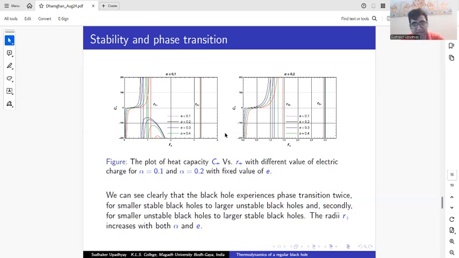So the radii increase with alpha and e. Here you can see that if you increase the parameter alpha, the horizon radius increases, and also with the charge, from red to green, the horizon radius increases.